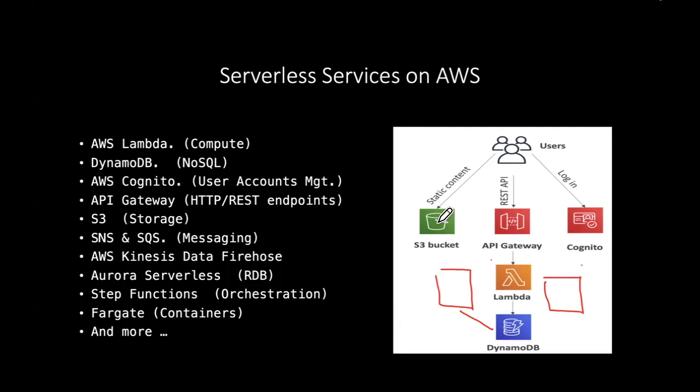You can create an S3 bucket and configure it so that it is the host for a front-end application. And so it will serve the React app back to the user's browser, and then subsequent communication will be either to Cognito or to API Gateway.